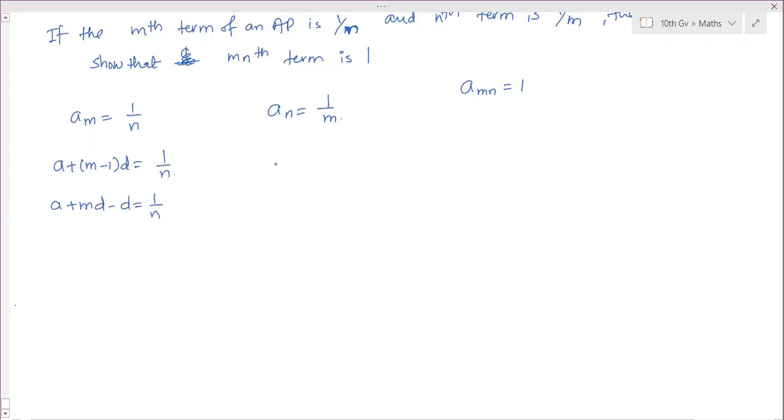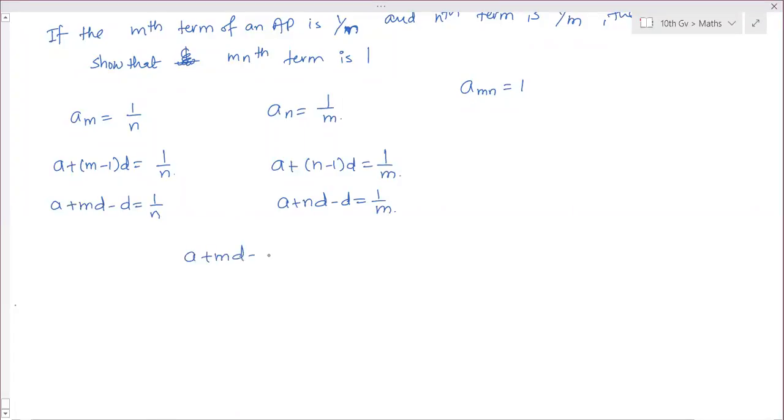And the nth term is a plus n minus 1 into d is equal to 1 by m. So a plus nd minus d is equal to 1 by m. Now subtract these two equations.